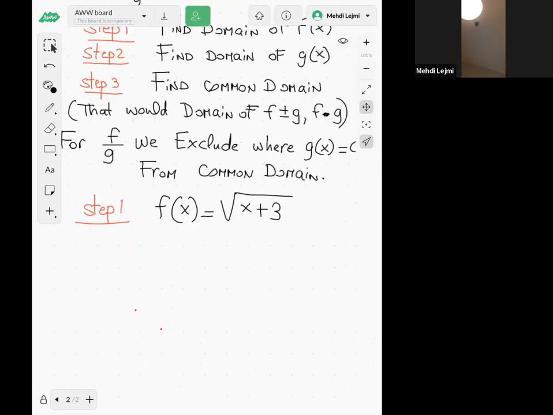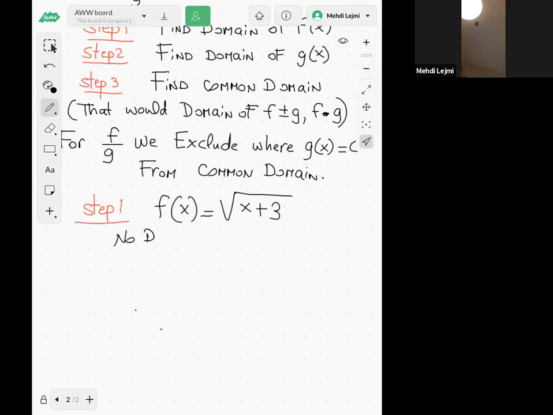As we discussed, I think 2 days ago, you have to ask yourself, is there a division or is there a square root? There's no division here, that's good. But we do have a square root.